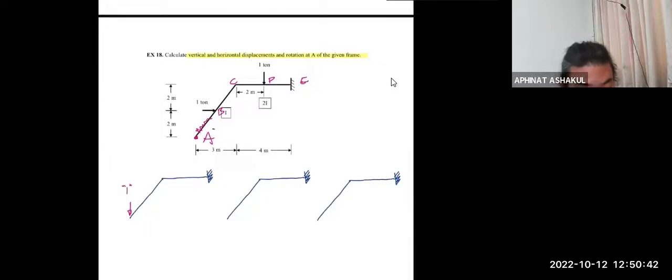In order to have the horizontal displacement, we need to apply the horizontal unit load. In order to have the rotation, apply a unit moment. So that's the case. This is not difficult.